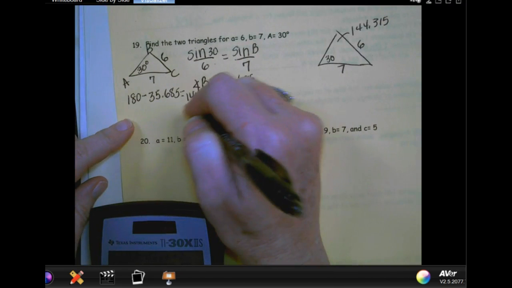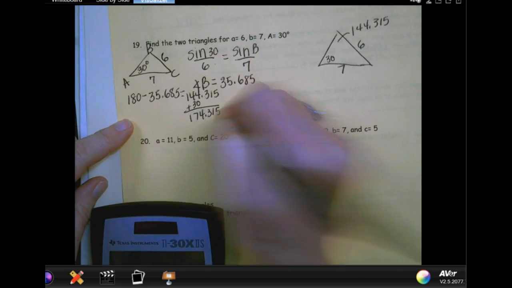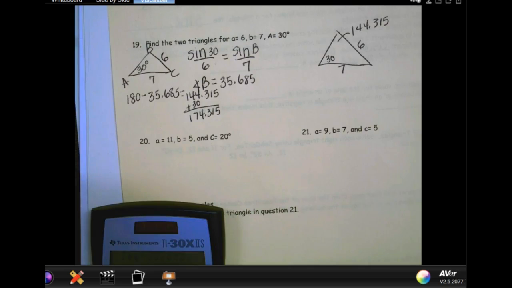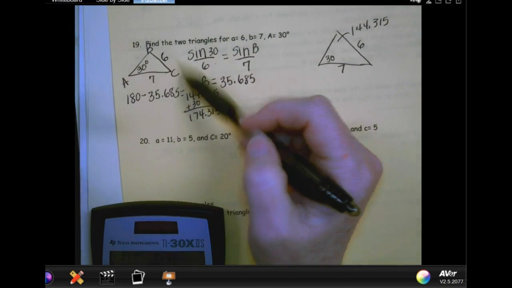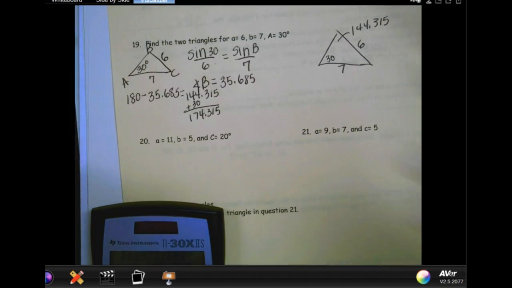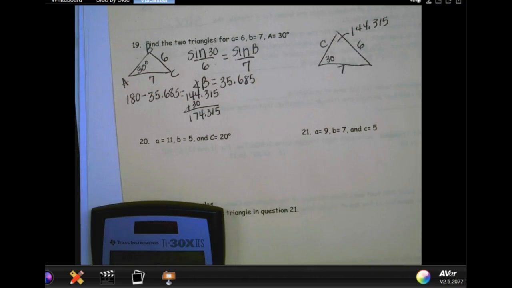Because if I add 30, this is 174.315. So now I can find angle C by subtracting, and then I can find side C by doing the law of sines.